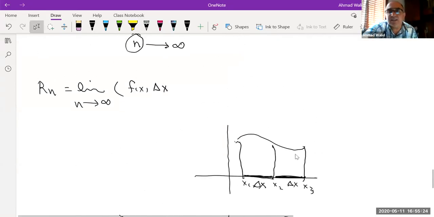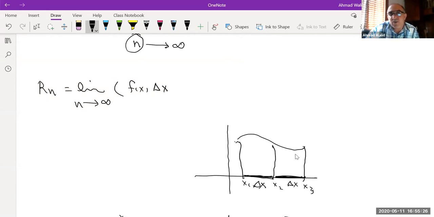That's why in this notation, I used Rn equals the limit of f of x1 times delta x plus f of x2 times delta x plus dot dot dot f of xn delta x.